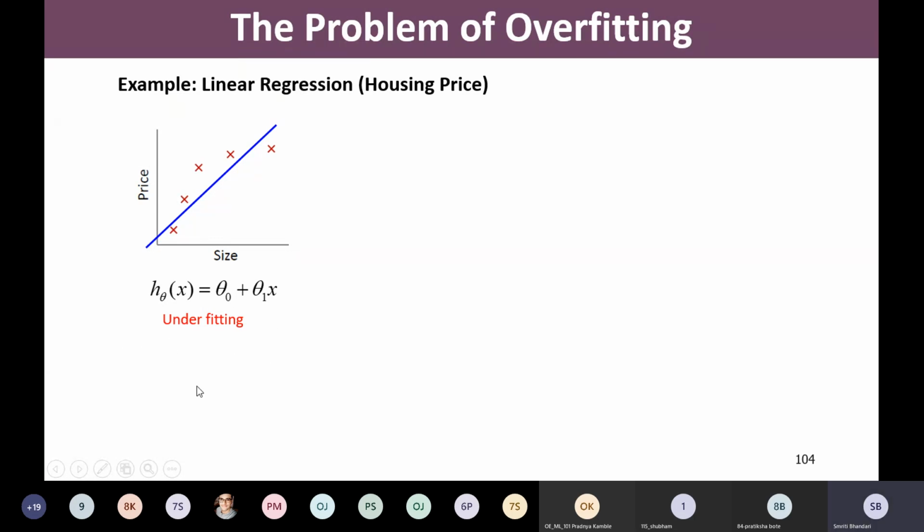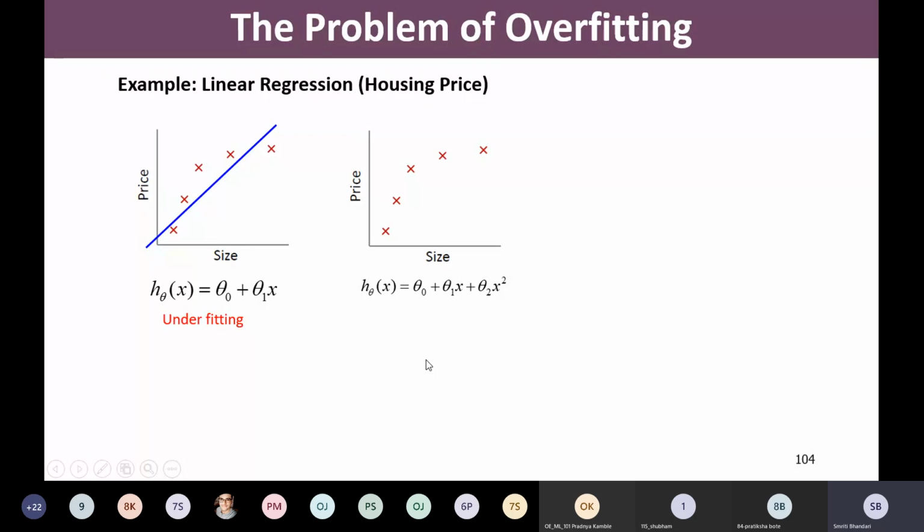So what we can do is go for some other hypothesis. Once again we have the same training data set, same points, but now we are going to change our hypothesis. Let us assume that we are making use of a quadratic function as a hypothesis, theta 0 plus theta 1 x plus theta 2 x square.